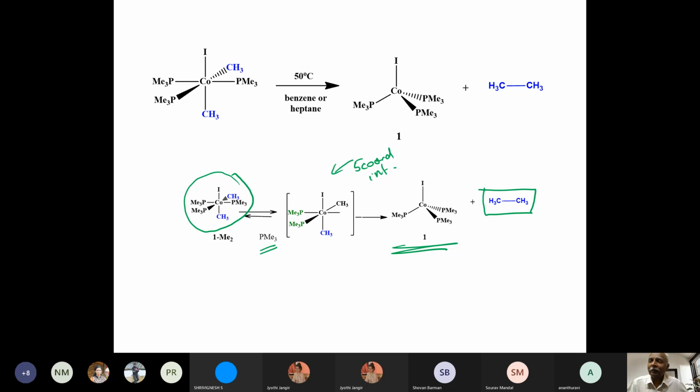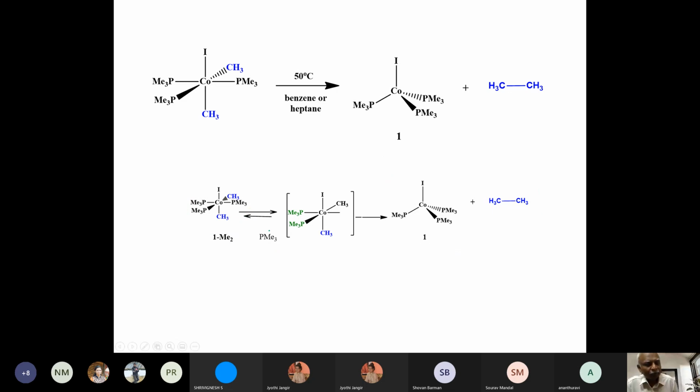How many of you think that this type of loss of PMe3 is important before we observe ethane elimination? This will also tell me how many of you are paying attention, because I don't get to see whether you are listening or not listening. How many of you think that it is not necessary, that this goes directly and ethane is eliminated?